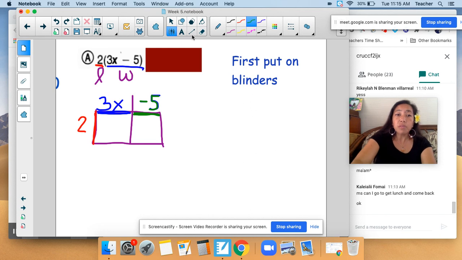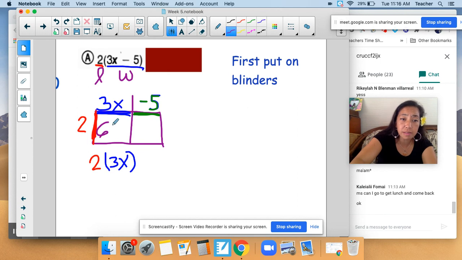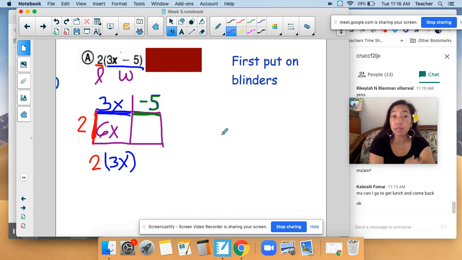Okay, so when we are looking for the area of the box, we're looking at, first of all, this far left box. Its dimensions are 2 by 3x. So to find that area, we would do 2 times 3x, right? Because length times width will give us our area. And that is 6x. Okay, so that's the area of the first box.